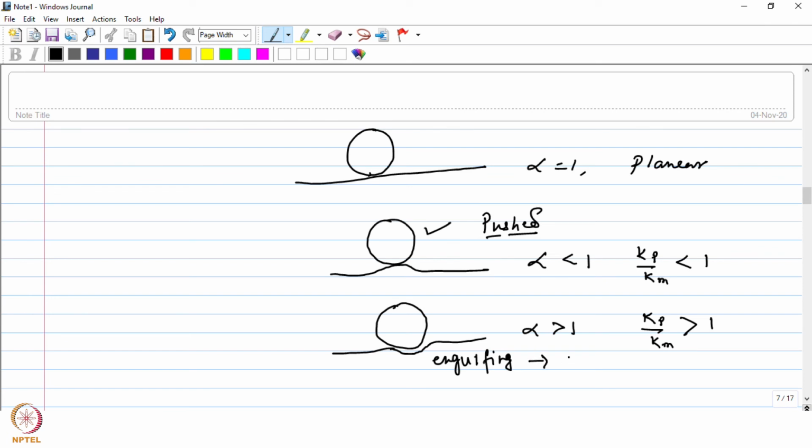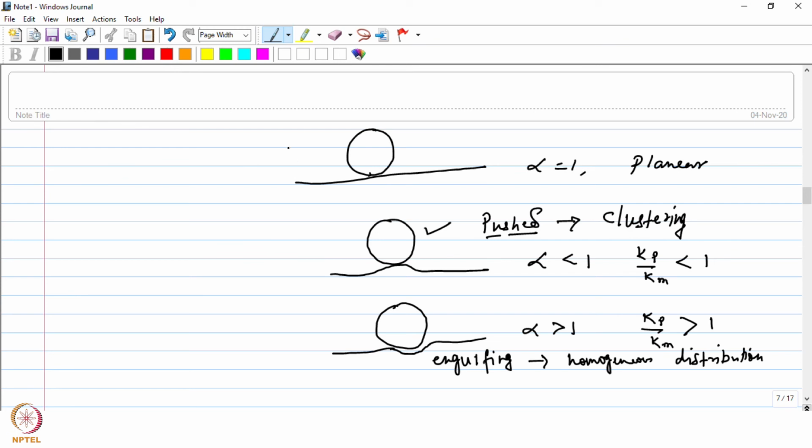Engulfing is conducive for homogeneous distribution of the particles in the solidified composite, whereas pushing leads to clustering or agglomeration of particles. Right?